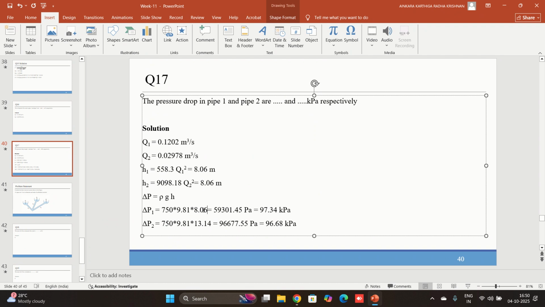In other words, it is asked in kilopascal, so it is 59.3 kilopascal. Actually, don't stick with numbers because these are not making sense, but let it be.